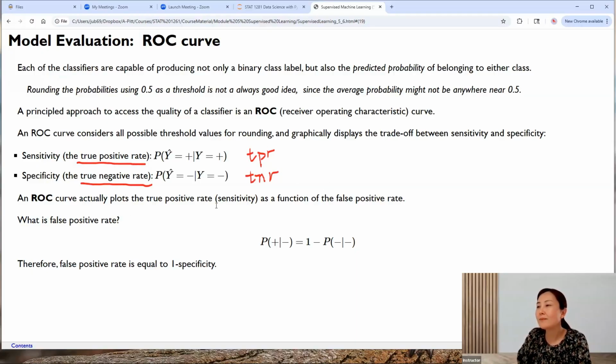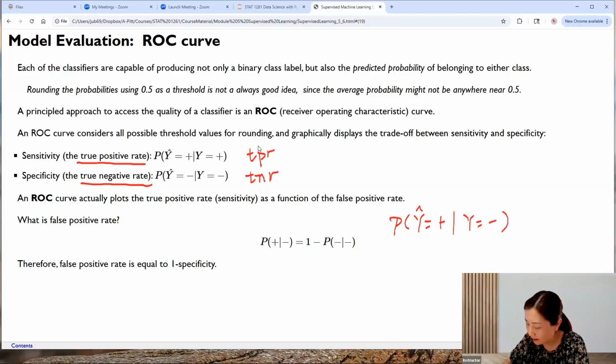It actually plots true positive rate against false positive rate. What is a false positive rate? It is equal to P of positive given negative. Namely, the probability that y hat is positive given y is negative. Right?